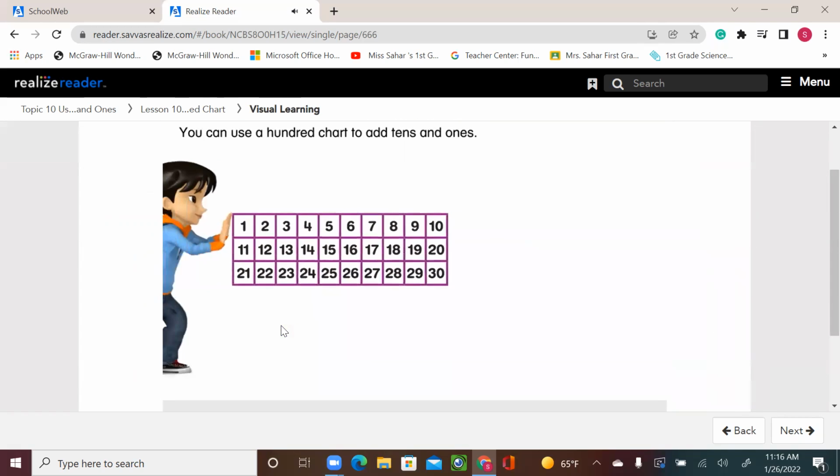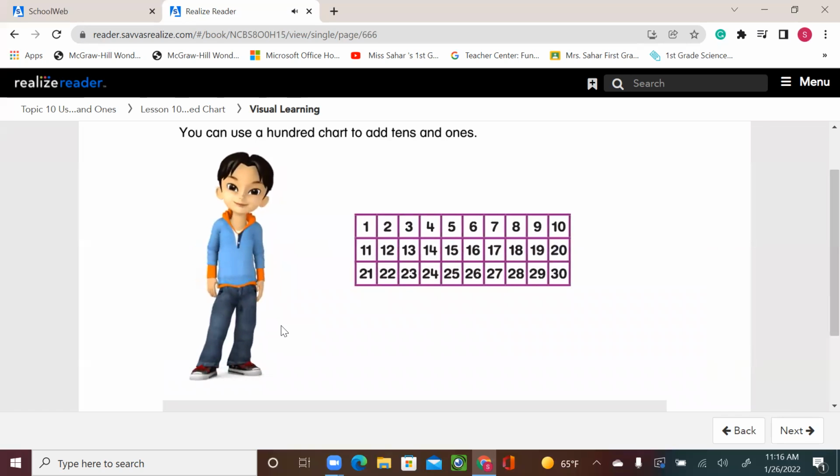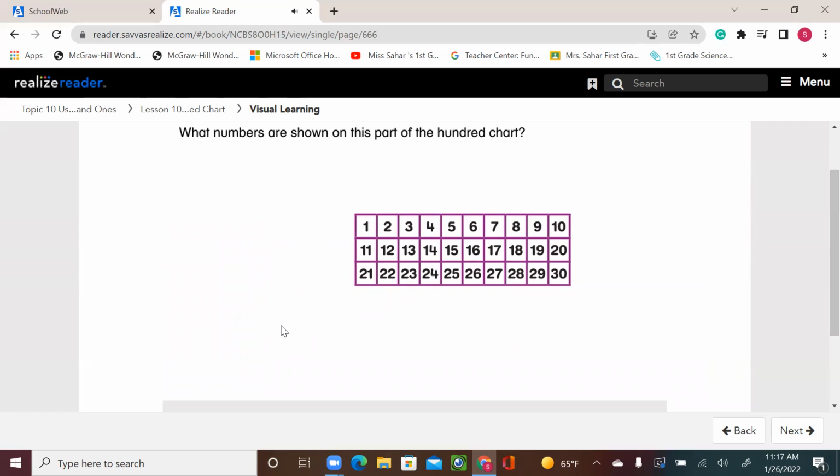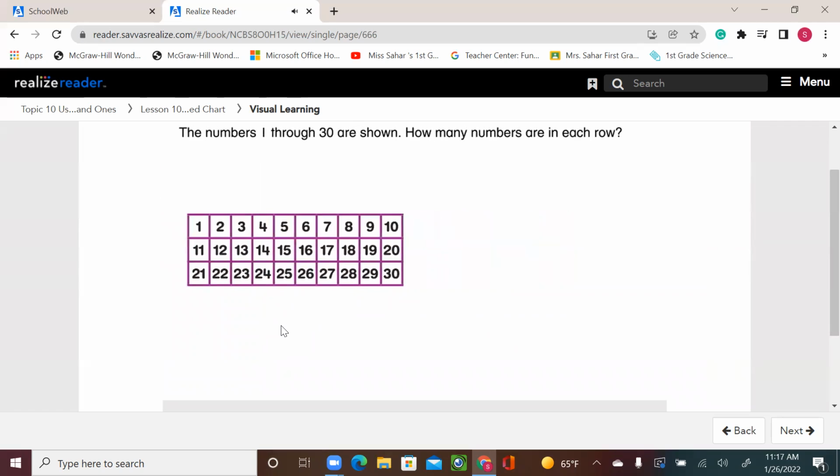You can use a 100 chart to add tens and ones. What numbers are shown on this part of the 100 chart? The numbers 1 through 30 are shown. How many numbers are in each row?